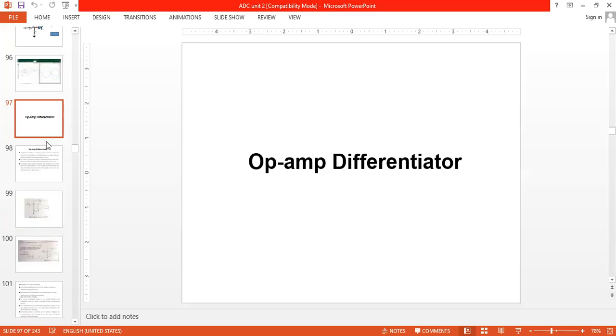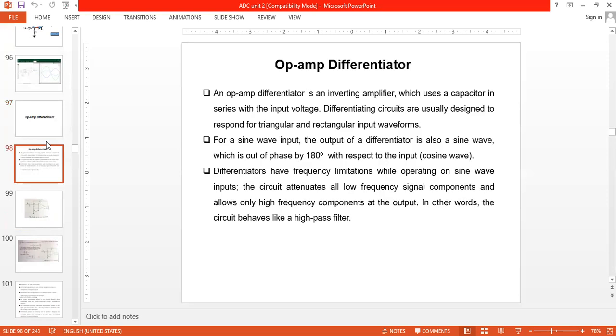So let's see the differentiator. An operational differentiator is an inverting amplifier which just uses a capacitor in series with the input voltage. A differentiating circuit is usually designed to respond to triangular and rectangular input waveforms.